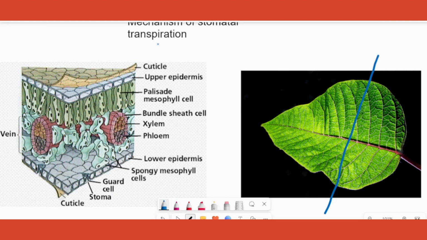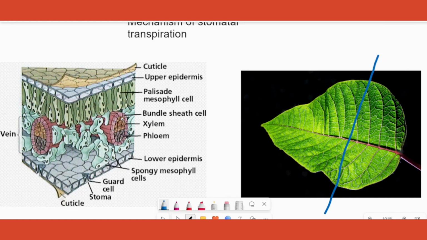From there, it is going to the xylem of the leaf. Where is the xylem of the leaf? The xylem of the leaf is present inside the vein. Can you see? So from this part, there is water here. Definitely, water tries to move through osmosis towards the sides.